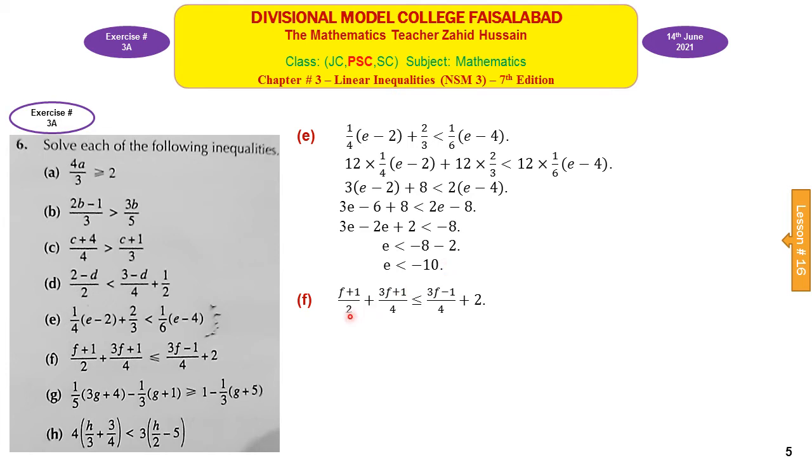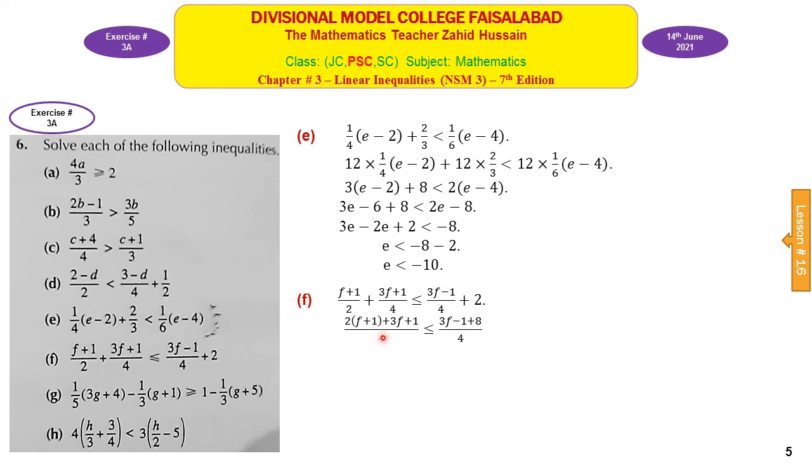F part. Again this inequality has fractions, so we will multiply each term of this inequality by the LCM of the denominators. Denominators are 2, 4 and 4. So 4 is the LCM, or take the LCM of these two fractions on the left hand side and the LCM of these two on the right hand side, or you can solve this by this method. So 4 is the LCM of the fractions.